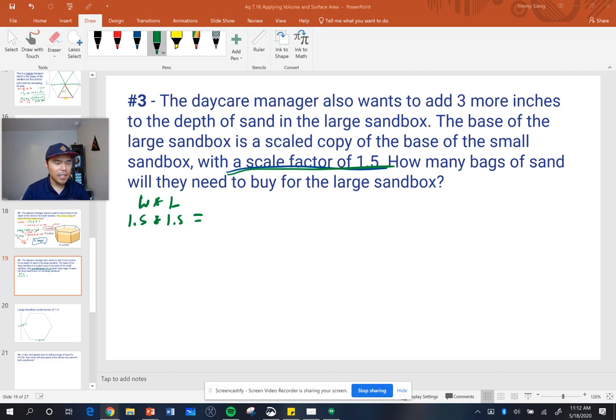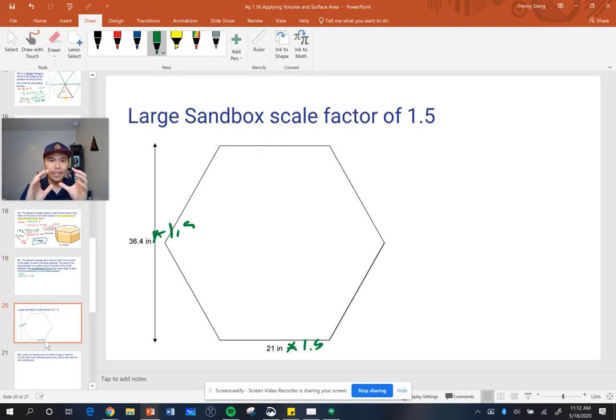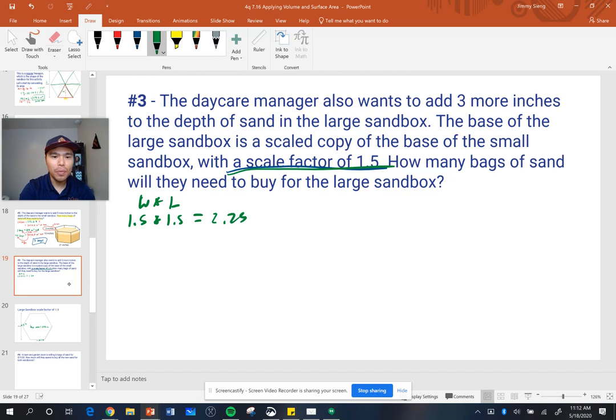That should give me 2.25. So really what's going on is the overall base of this sandbox, well, we found that the base area was 1,146.6. Well, that now is going to get multiplied by this scale factor of 2.25.